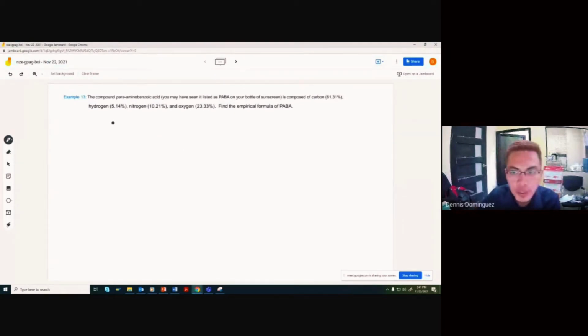So first, assume 100 grams, right? That was the first step. So meaning to say, your carbon is 61.31 grams of carbon. Your hydrogen is 5.14 grams of your hydrogen.